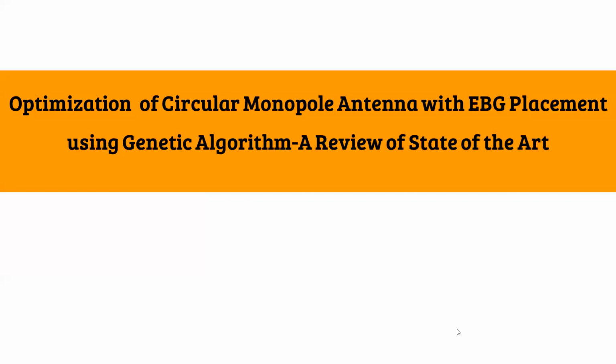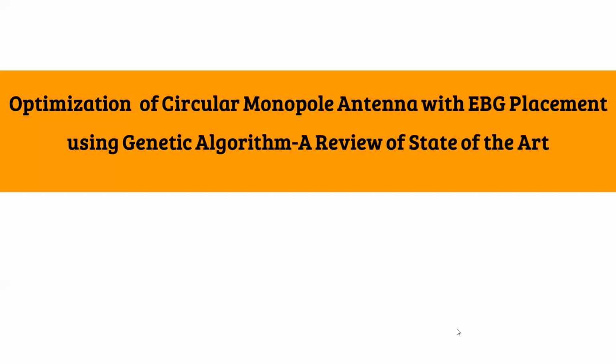It is an older one, but convenient for those who want to optimize the antenna within a defined frequency range of operation, defined gain, and prescribed bandwidth. All these parameters are optimized initially by using this genetic algorithm.